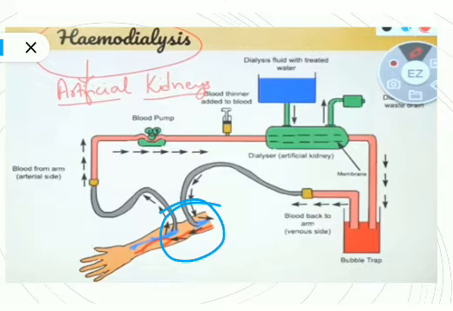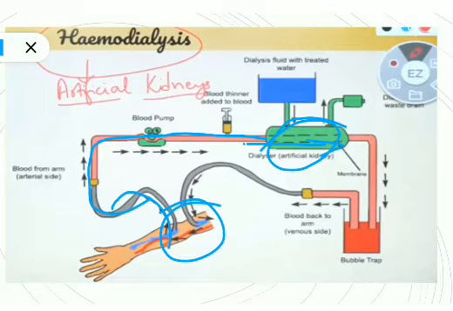So how will it be removed? First, when the blood is taken from the patient, it is passed through this tubule, and then through this, which is called the dialyzer. When the blood passes through this dialyzer, the urea will go into the dialysis fluid.